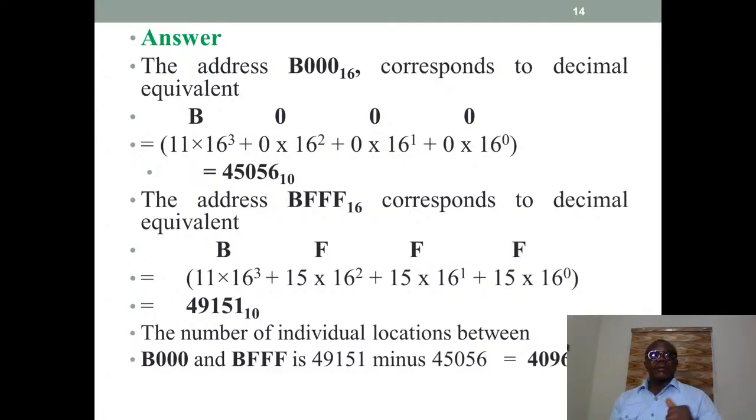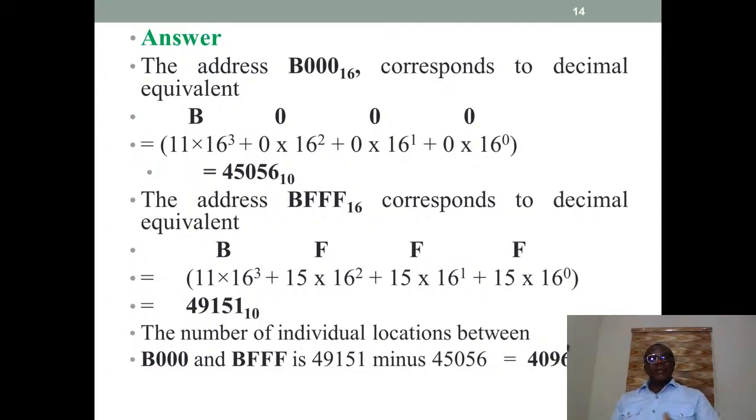45056 in base 10. So automatically, it means that in that computer memory that uses 1 byte, the first memory location is 45,056 in decimal, in base 10.